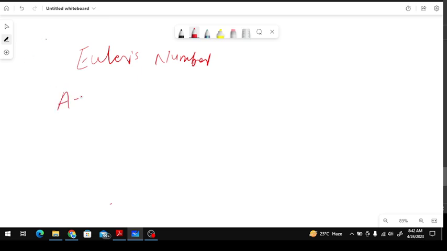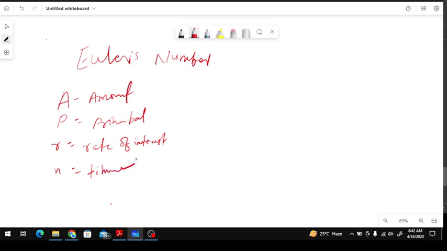Let's write A for the amount, P for the principal, r for the rate of interest, and n for the time duration. So how do we write the formula?